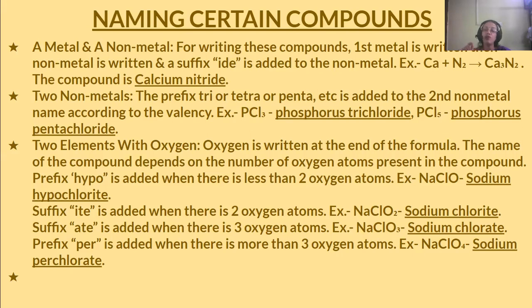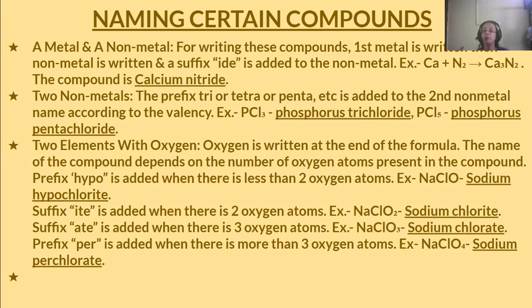Now, when 2 elements are there along with oxygen, oxygen is written at the end of the formula. So when 3 elements are there, 2 are in the front and oxygen is added at the end of the formula.